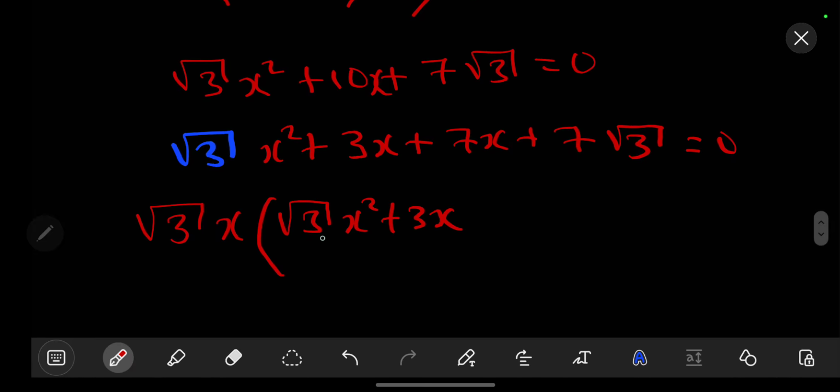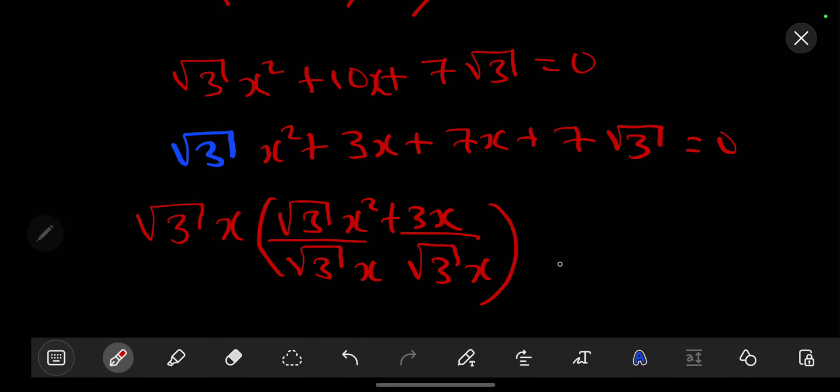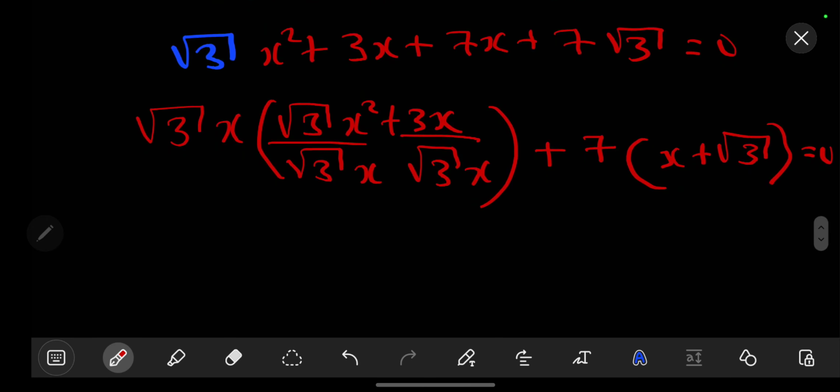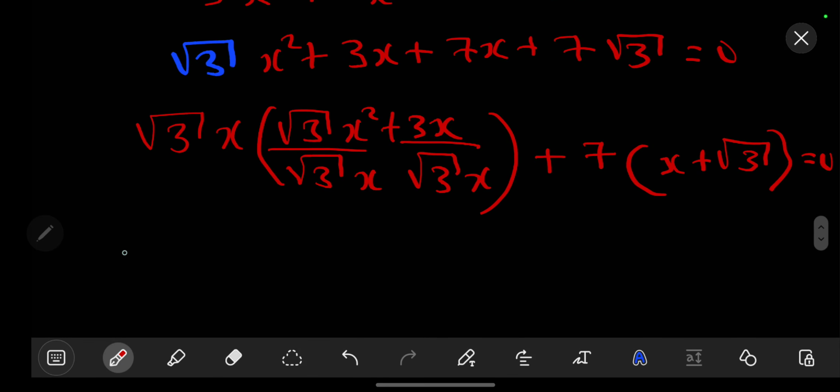Divide by whatever you have factorized: the square root of 3 and x, that's the value that you have divided. We have the square root of 3 x, then plus 7, and 7 is common, so we say 7 open brackets x plus the square root of 3, which should be equal to 0.